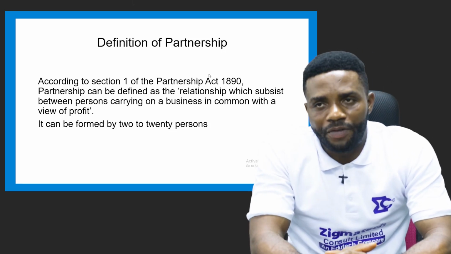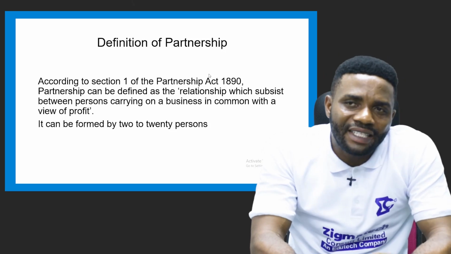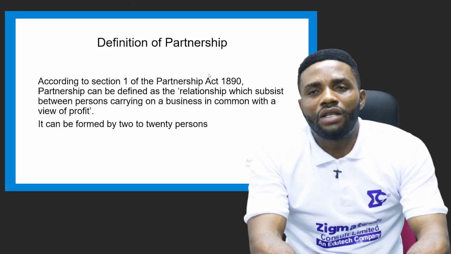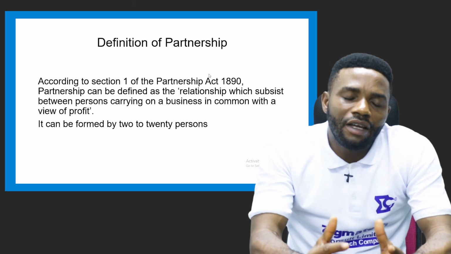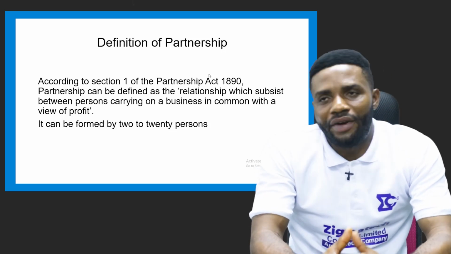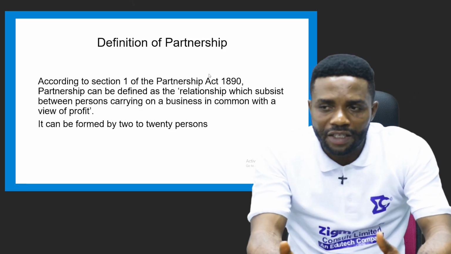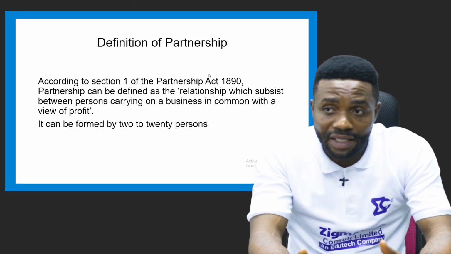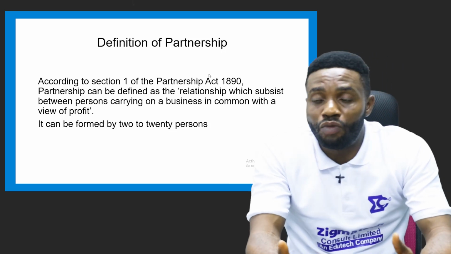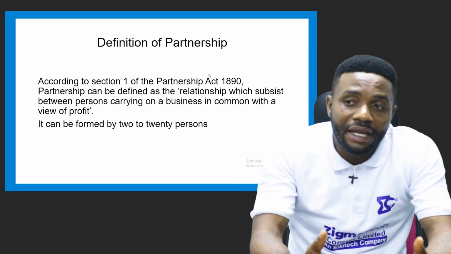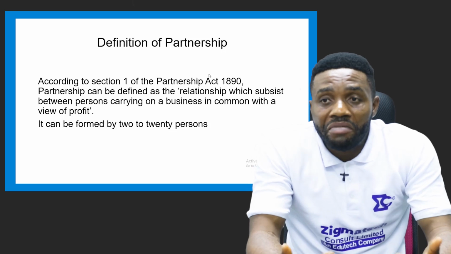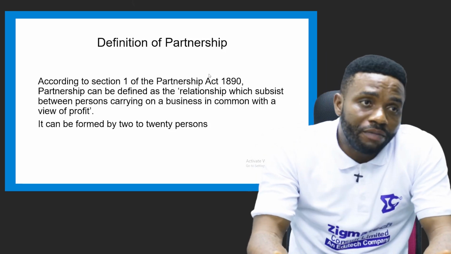Now, let me explain the term relationship, because I know that society is governed by relationship. One person must be related to another. They can be related by birth, they can be related by work, maybe by vocation.